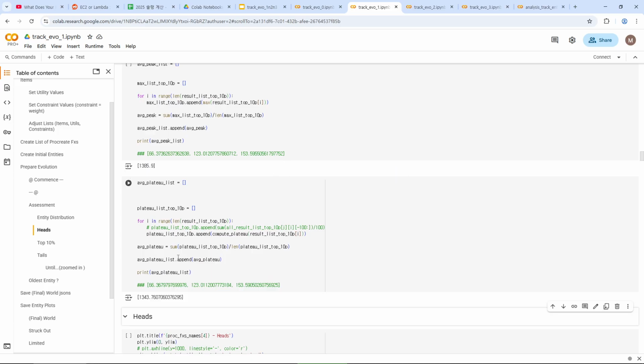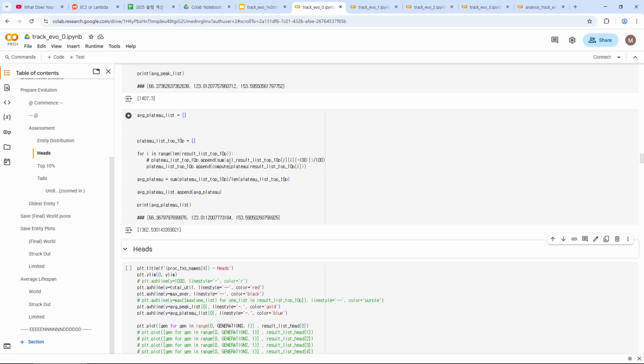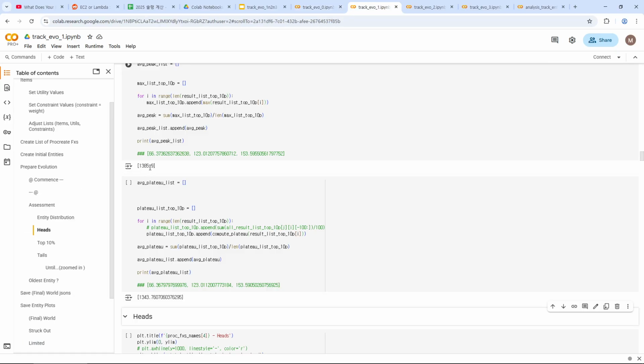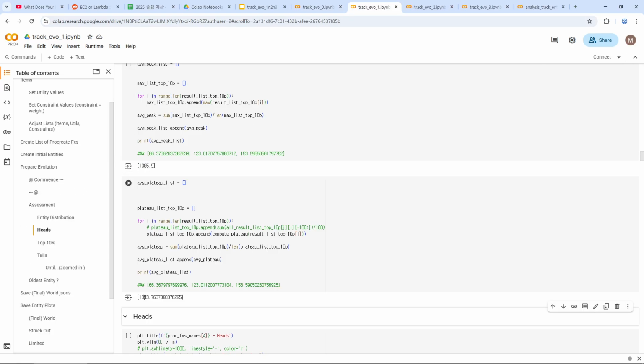the average plateau level decreased by some amount, and that is true, but not by a whole lot. The average peak was 1407, and then it went down to 1385. The average plateau was 1362, and then it went down to 1343.